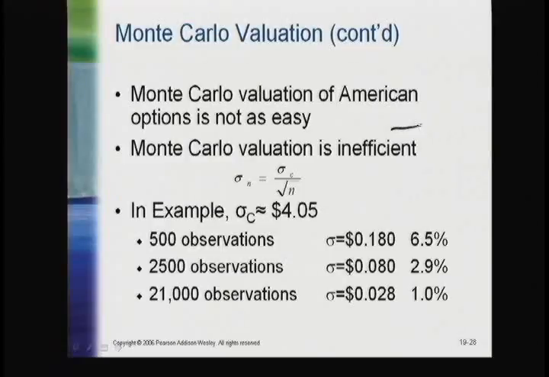There's also a question of efficiency. I wouldn't say it's inefficient or efficient. What is true is that sigma n in this formula represents the standard deviation of the price estimate using n stock prices. Sigma c is the standard deviation of the individual exercise values.